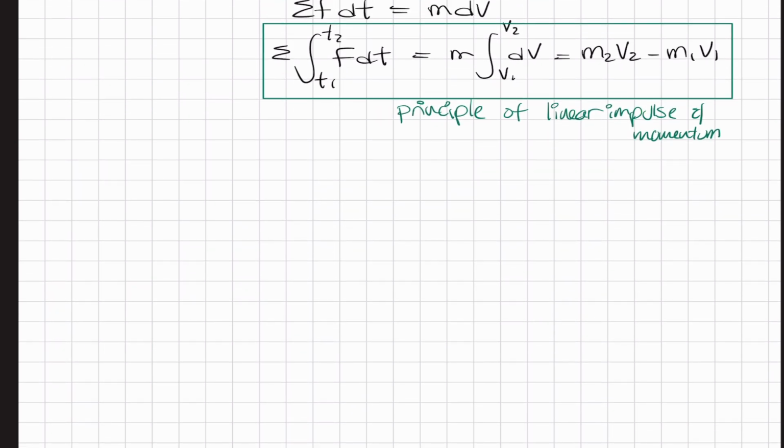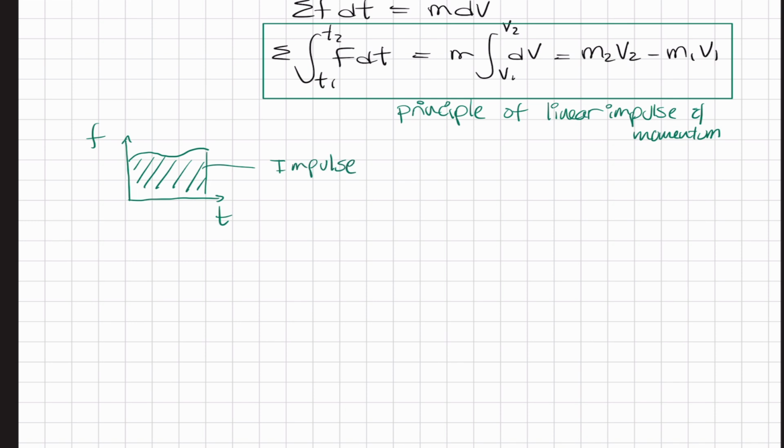So let's see. If we have some kind of force over time, the area that's underneath this force-time plot, which is also how this integration is operating, is what's commonly referred to as impulse.